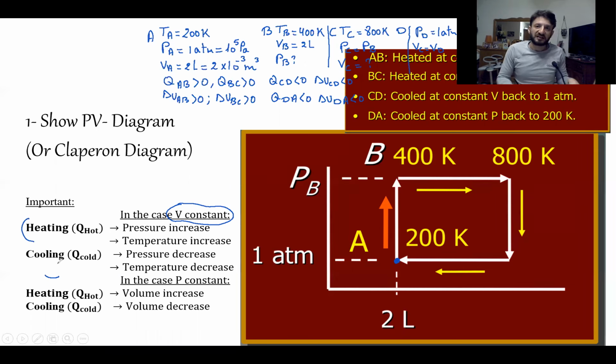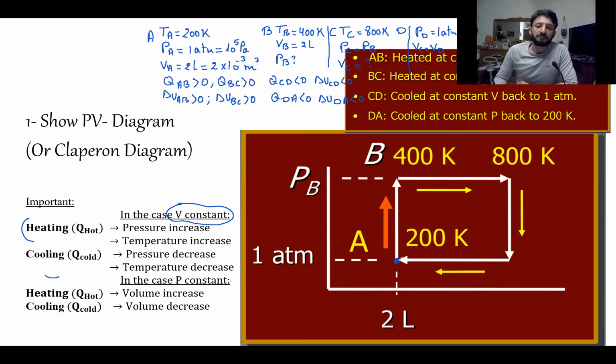Cooling, in the case of Q cold, we decrease P and we decrease T. In the case of P constant, Q hot means we have to increase the volume, and Q cold means we have a decreasing of volume. Okay, we must have these results when we do the calculation. Finally, you have to get this result.